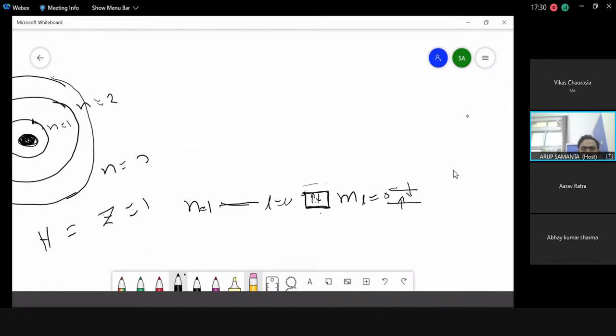If you consider n = 2, the energy level is here in general. Now n = 2 means you have two L values: L = 0 and L = 1.